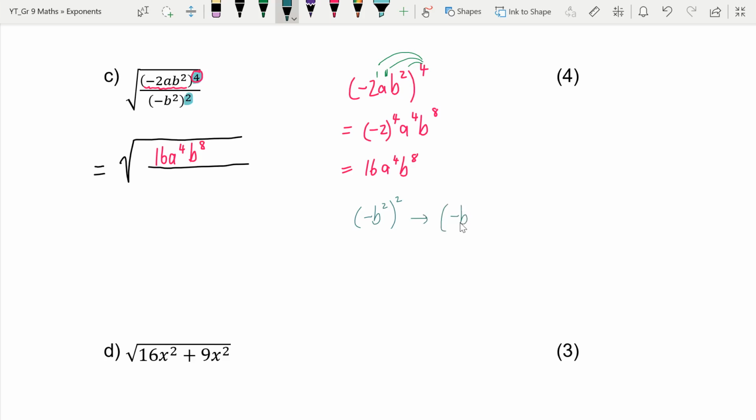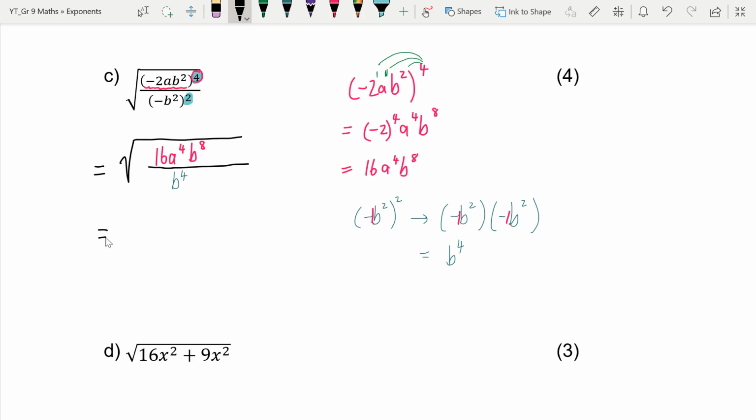It's going to be -b squared that is being multiplied by itself. And that is going to give me a b to the power of 4 because it's a negative times negative. There's like an imaginary 1 in front, for that coefficient. Okay, is that it? Yeah. So we've got a b to the power of 4 there. Okay, perfect.